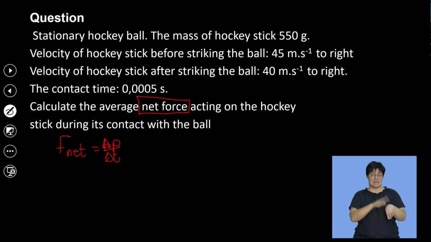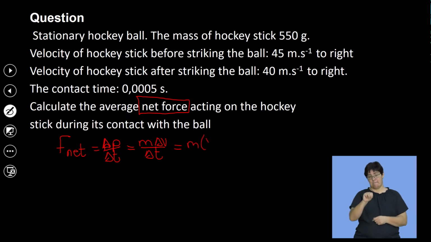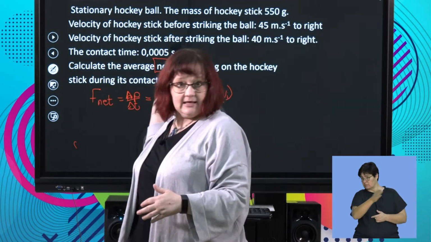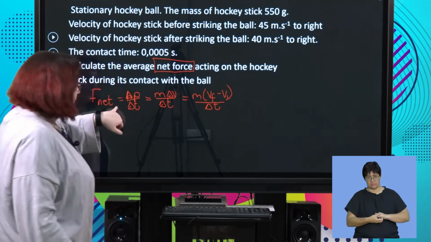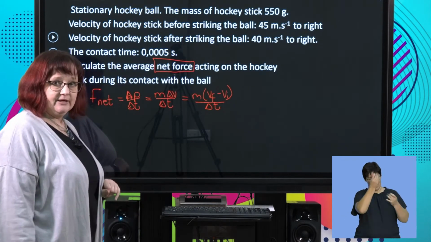But remember, we also said that it can be mass times change in velocity over time, which means it's mass times final velocity minus initial velocity, over time. Okay? You can use any one of those equations. So when you write this down, you can write down any one. The first one is the one that's on your information sheet.